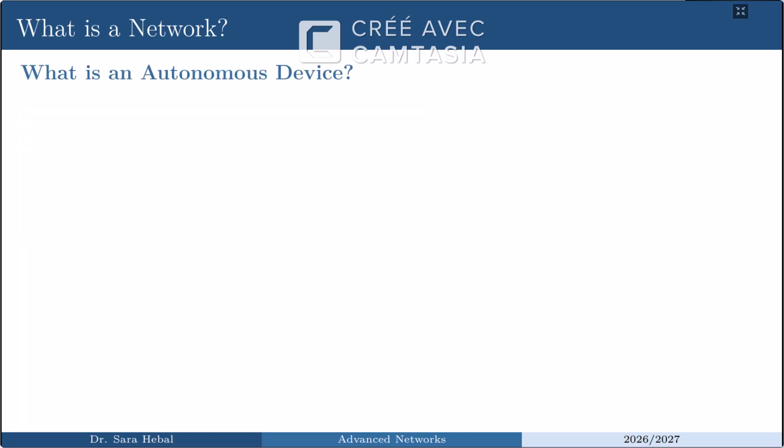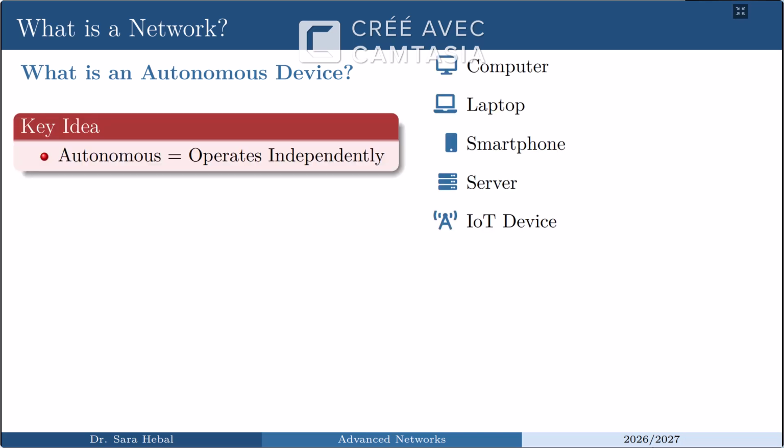A network, by the way, can be very small, connecting only two computers in a home, or even extremely large, like the internet. One important concept in the previous definition is the word autonomous. As I said before, an autonomous device is capable of operating independently, such as personal computers, smartphones, servers, and even IoT devices.